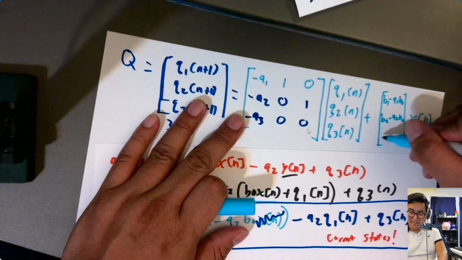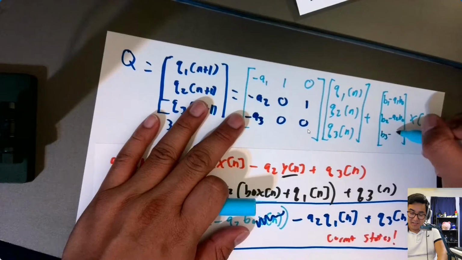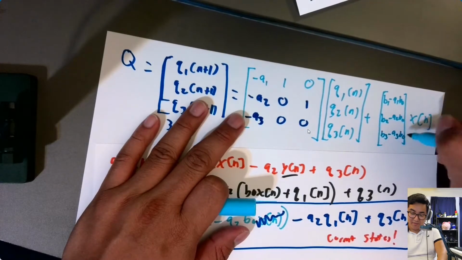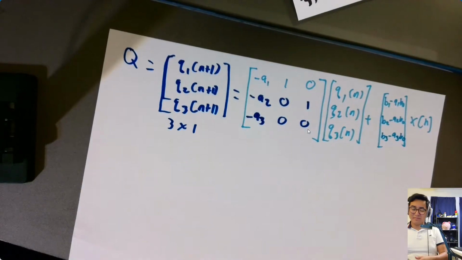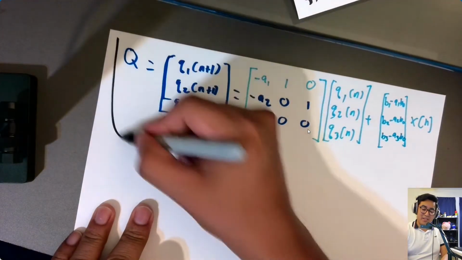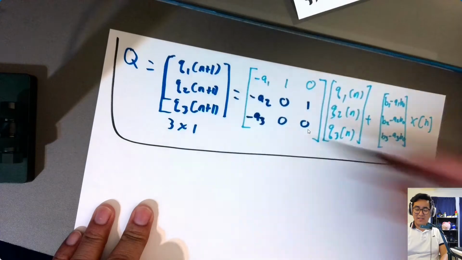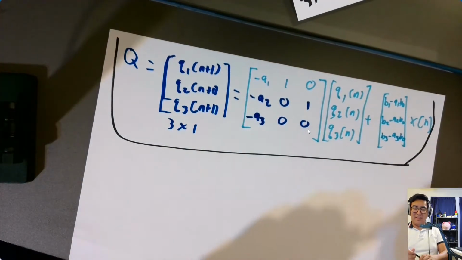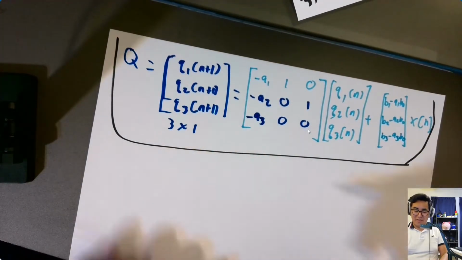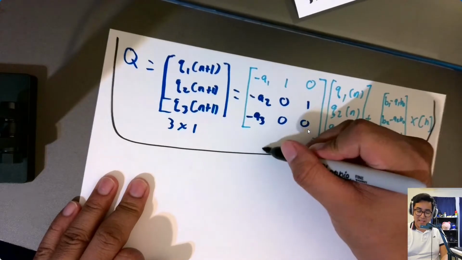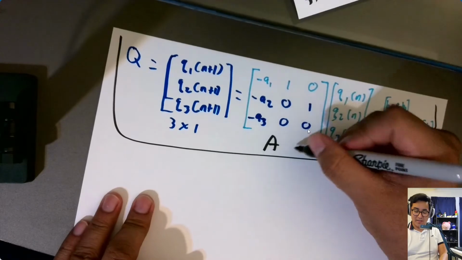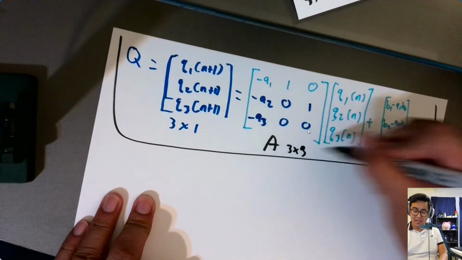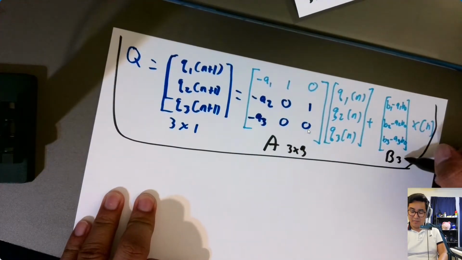See the pattern. B of 3 minus A of 3, B of 0. And we are done. And that is our first matrix. So this right here is our matrix A, and this right here is our matrix B. This right here is a 3 by 3, and this right here is a 3 by 1.